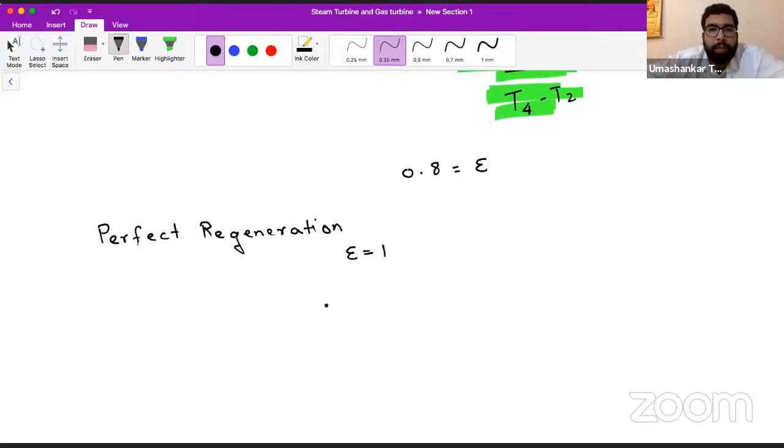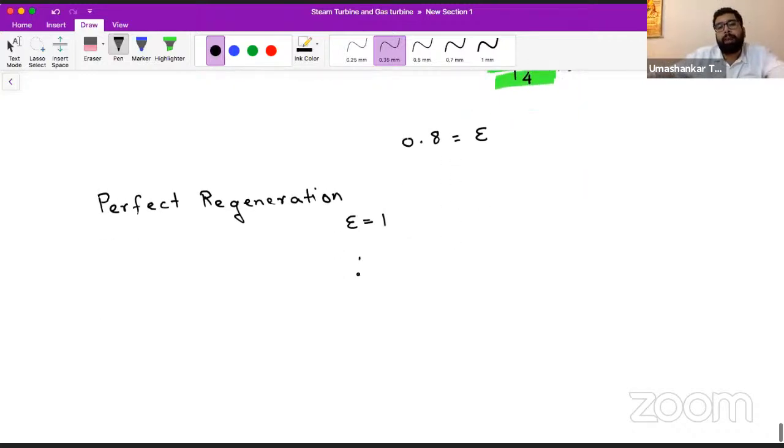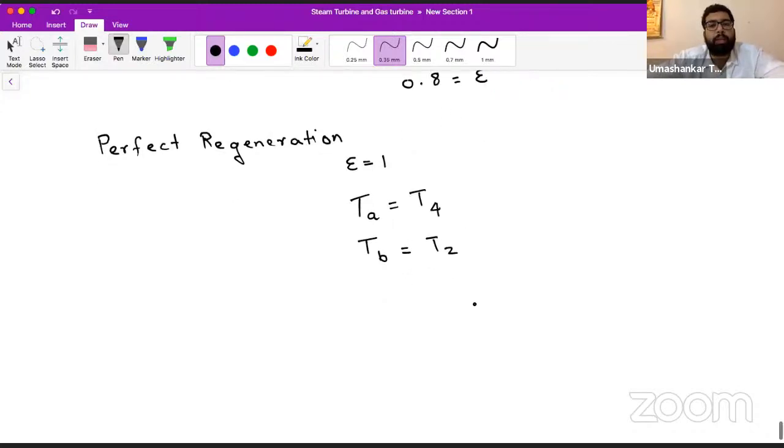So if perfect regeneration is taking place, TA will reach T4. So TA will be equal to T4 and TB will be equal to T2. So in case of perfect regeneration, you can use TA equal to T4.